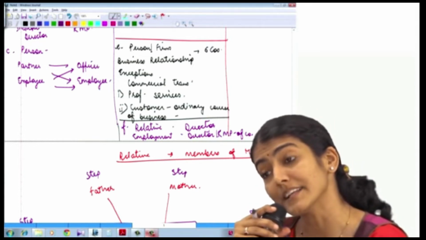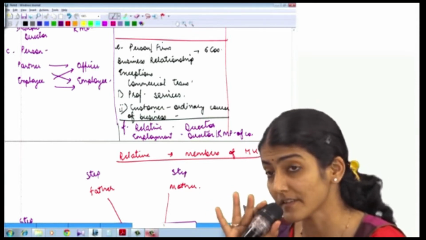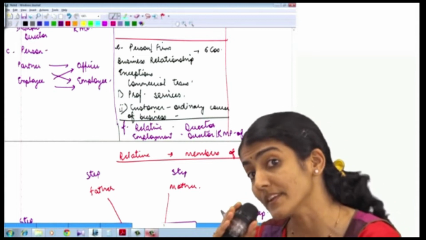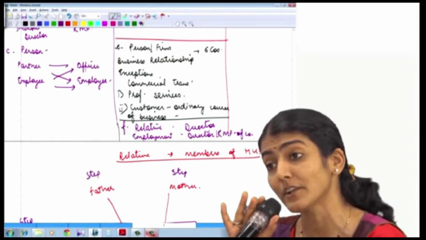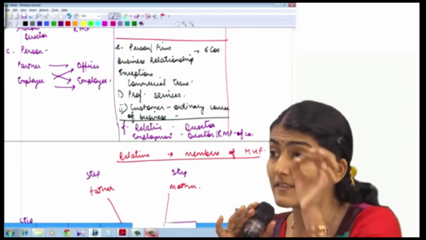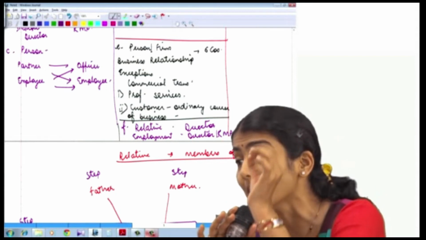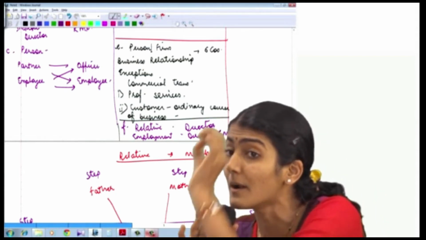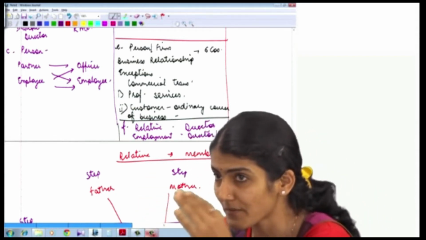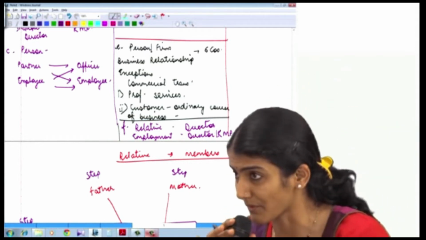As per Companies Act, you tell me. Yes, because यहाँ पे क्या बोला है? Relative is a director or is in the employment as a director or a key managerial personnel of the company. So it is not talking about all those 4, 5 or 6 holding, subsidiary, associate companies.